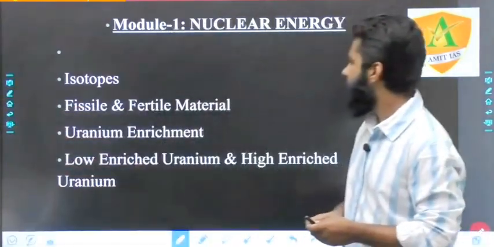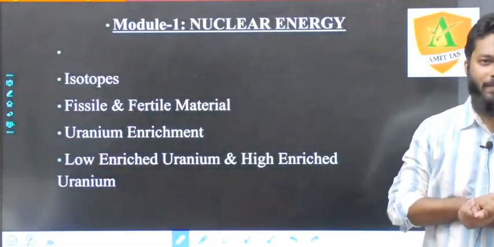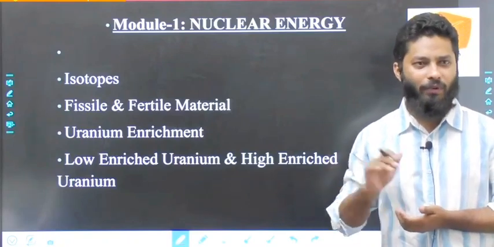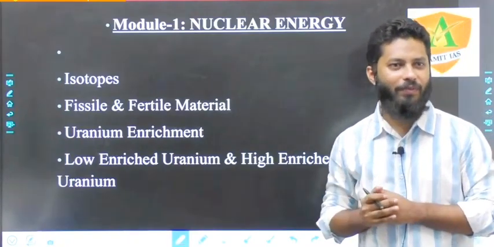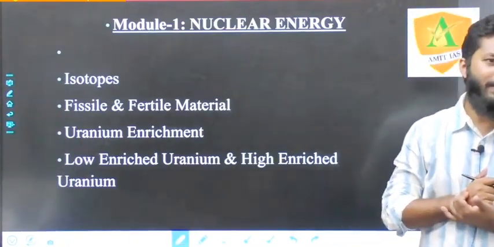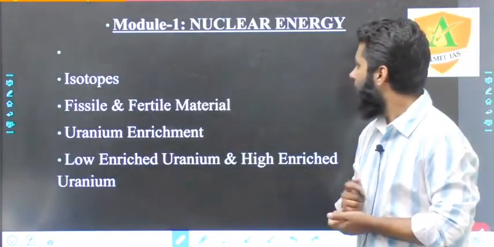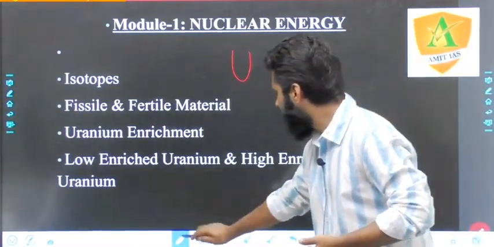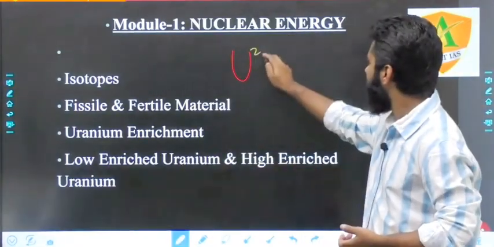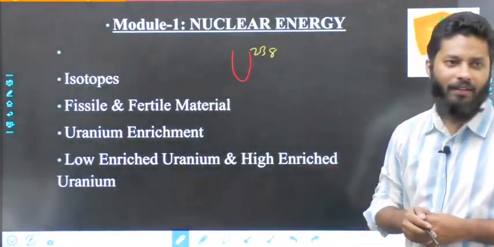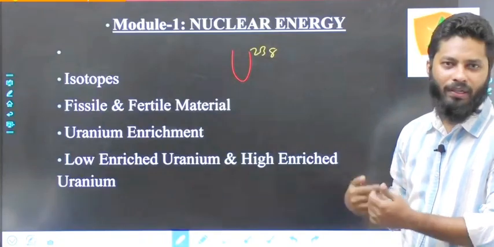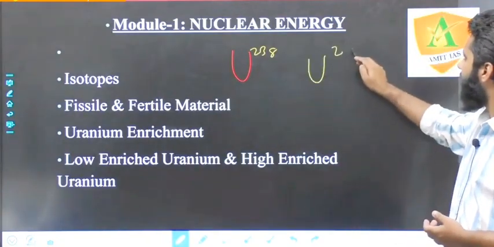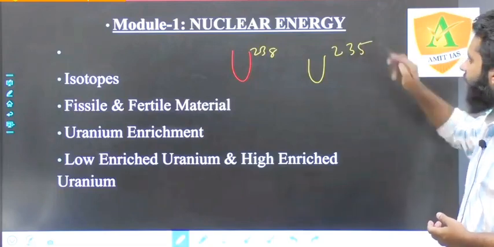Now, uranium enrichment. See, we have come to a conclusion that uranium 233 is not found in nature, uranium 235 is found in nature and uranium 238 is found in nature, right? Now, we have seen that uranium 238 is fertile, which will not go under fission, right? But uranium 235 will undergo fission.